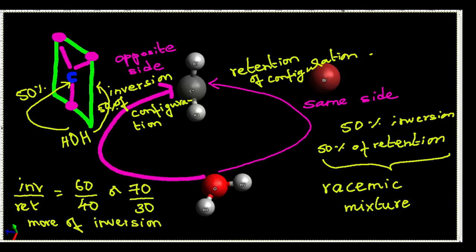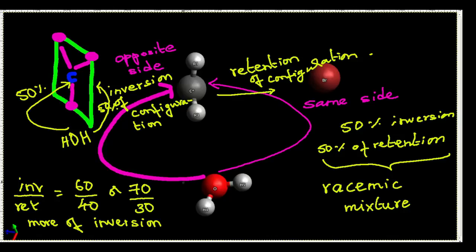Now, the reason that is proposed for this observation is that it is easier for the nucleophile to attack from the side opposite to where the bromine is departing than from the same side, because bromine has not yet left this carbon completely.